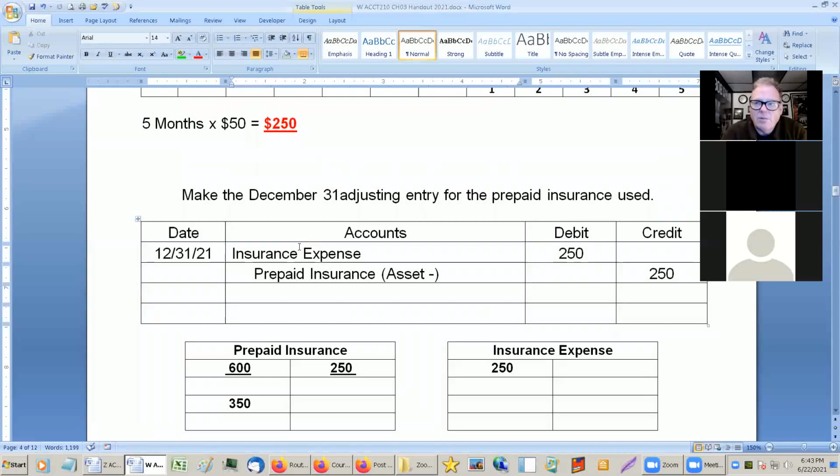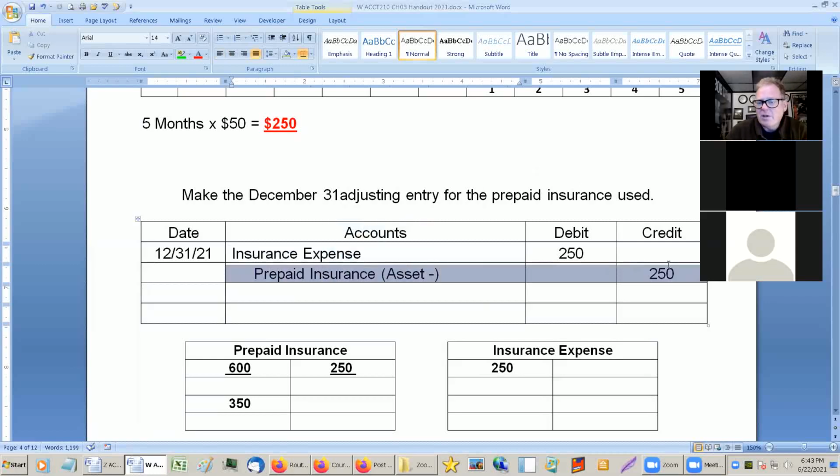Overstated. Yeah, it'd be overstated. If they didn't make this journal entry, they wouldn't have this expense. So if you fail to make these entries, your expenses would be too low. So it would be overstated.